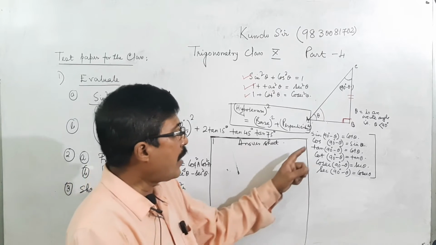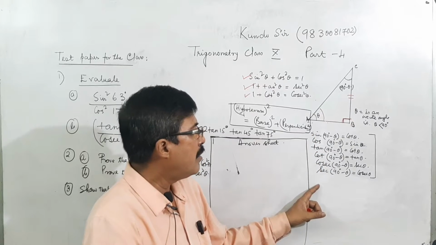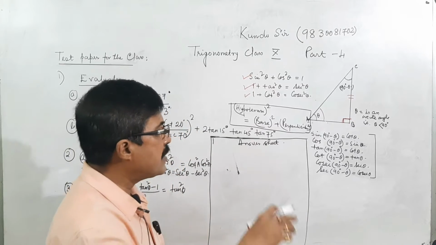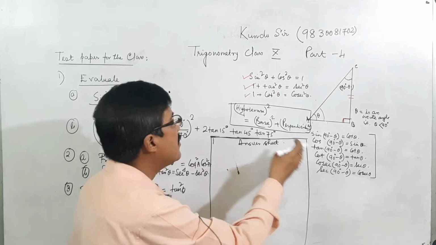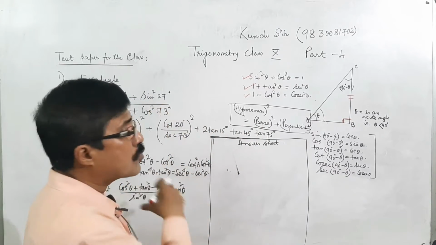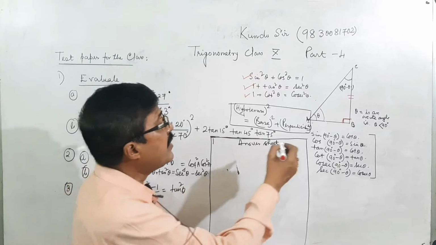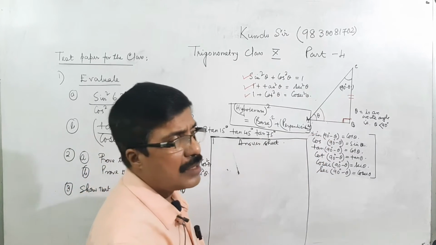Now I am requesting all of you to memorize it properly, because it is very important and the application is much needed to solve problems. First, sin 90 degree minus theta equals cos theta.